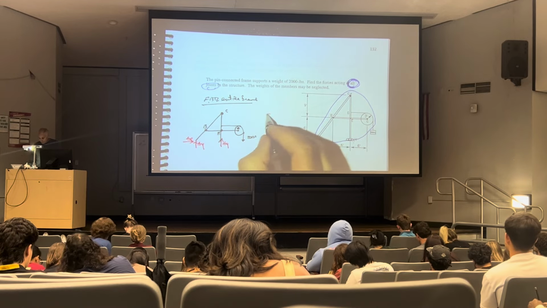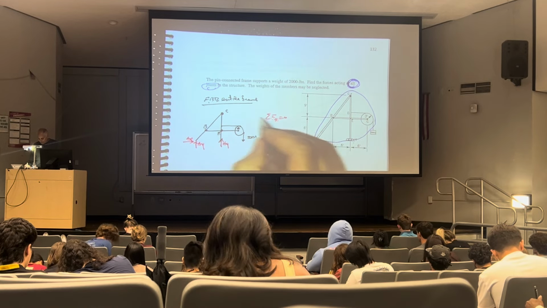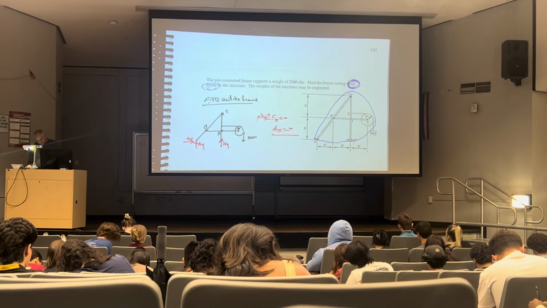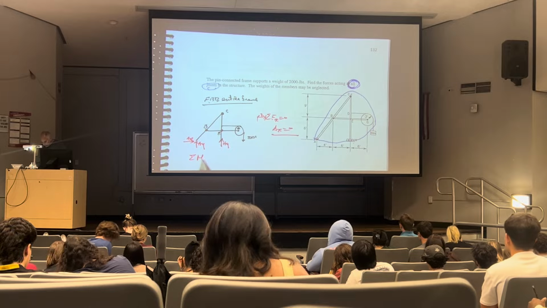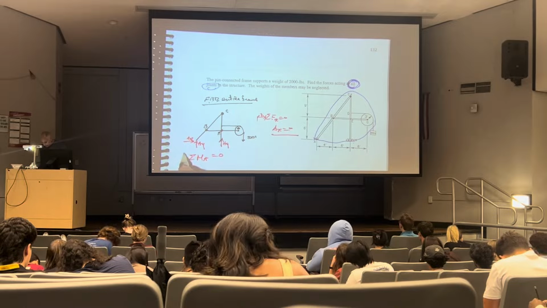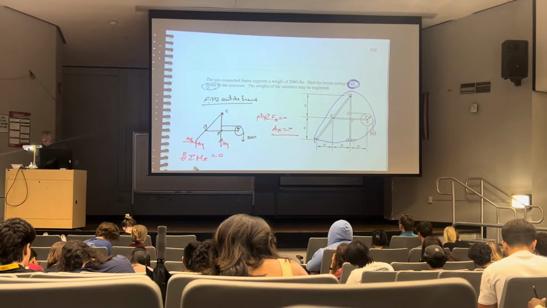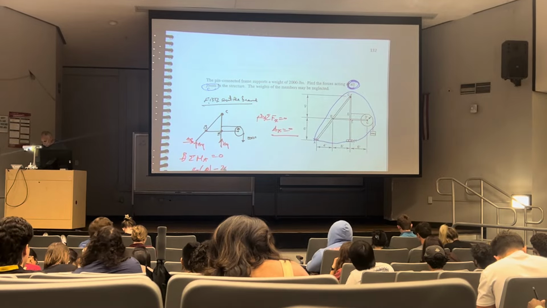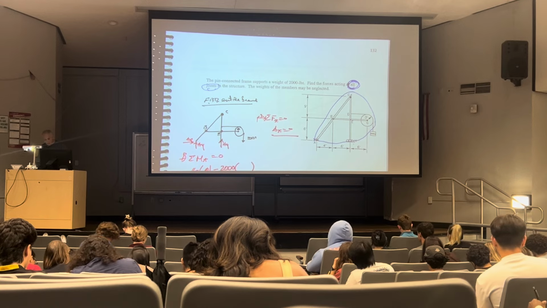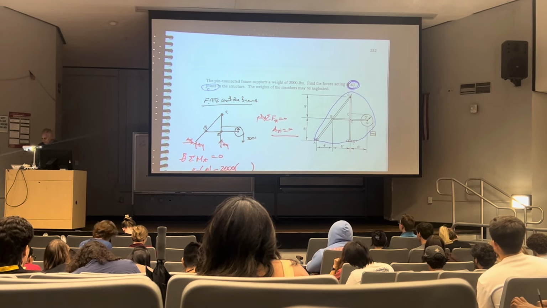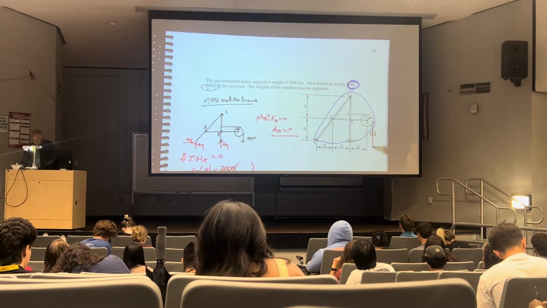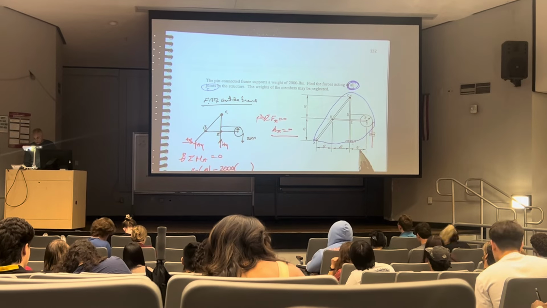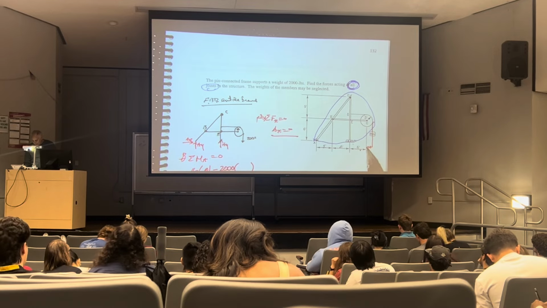Sum forces in X equals 0, positive to the right, and AX equals 0. Great. Sum moments at A equals 0, counterclockwise positive. HY times 10 minus 2,000 times, be careful with this distance, from here to there is 4 plus 6 is 10, plus 6, 16, plus that distance.